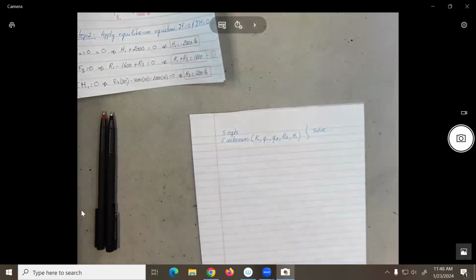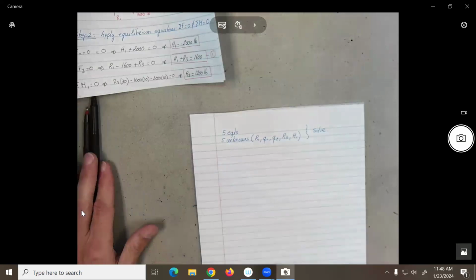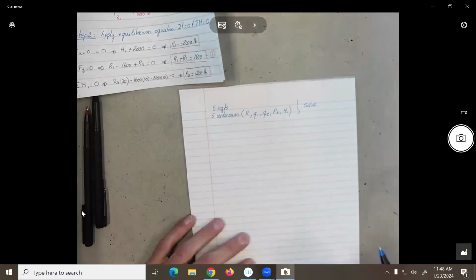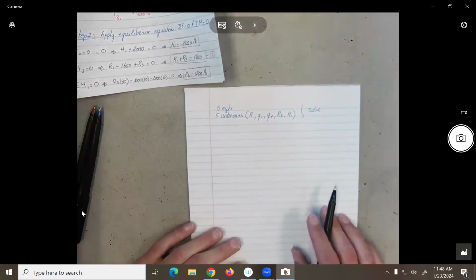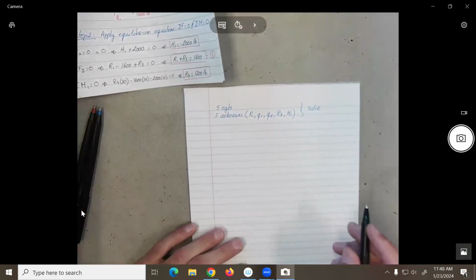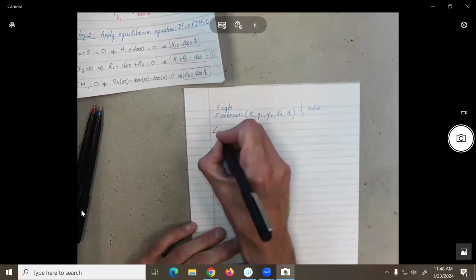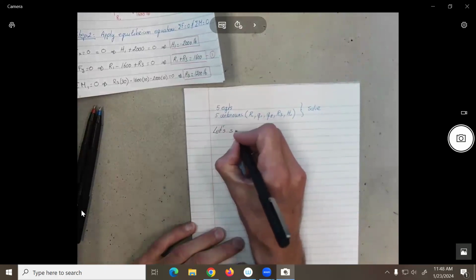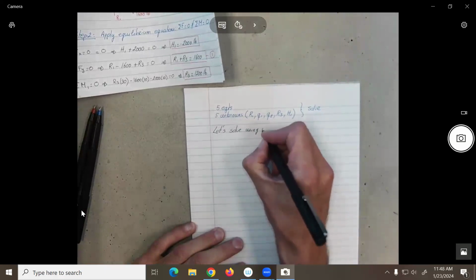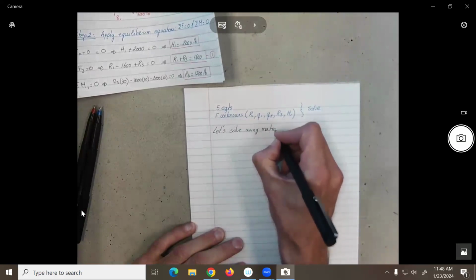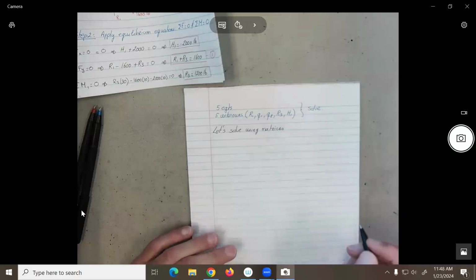Okay, so solve over here. There are different ways to solve. I know you have amazing calculators and so on, but basically we just tell you one way. Actually, I can show you the MATLAB file and even give it to you. So let's solve using matrices.